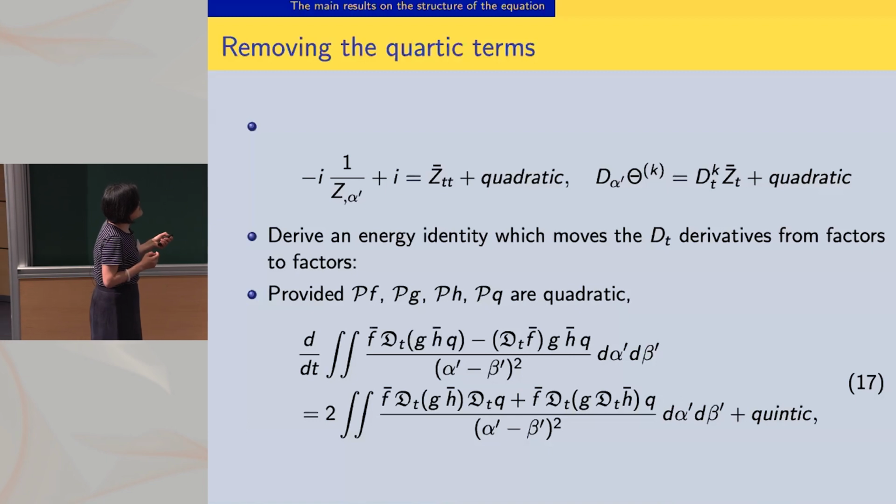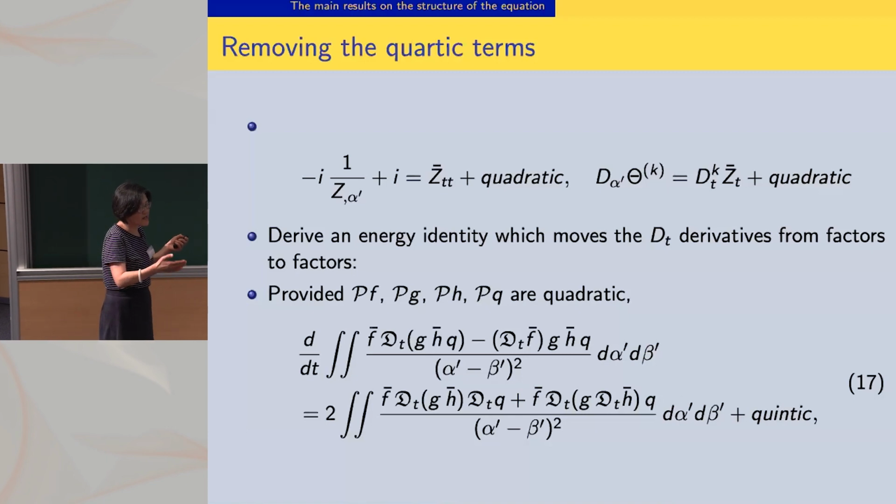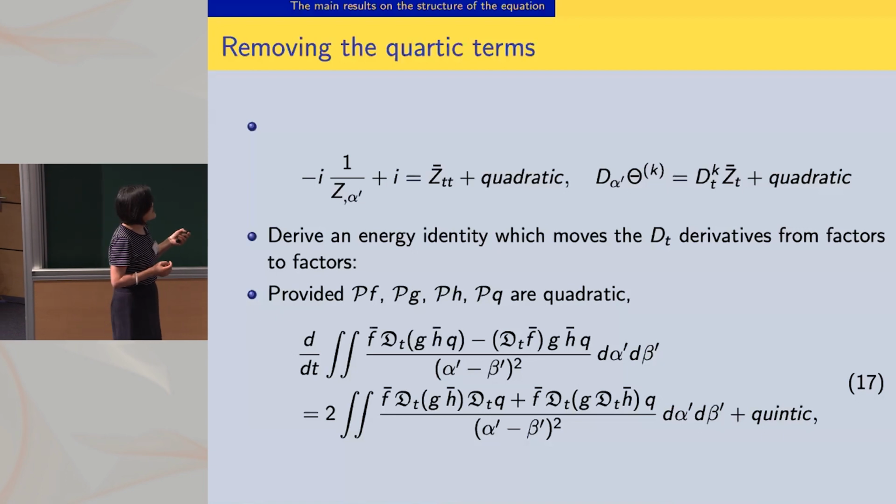It turns out this works, provided that P is really the main water wave operator, and we know that the main water wave operator acting on a typical quantity gives us something quadratic. So we know that the quantities we involve always have this being quadratic.